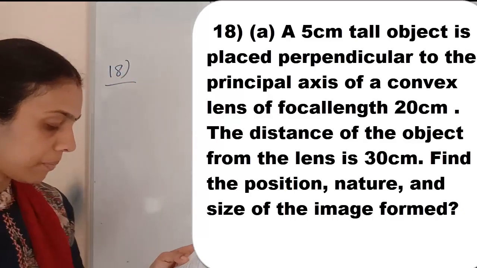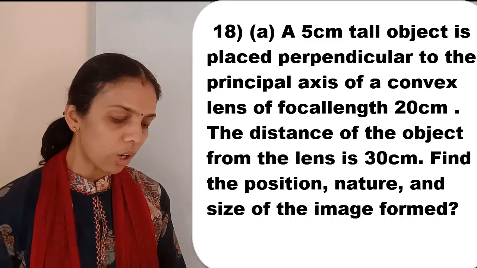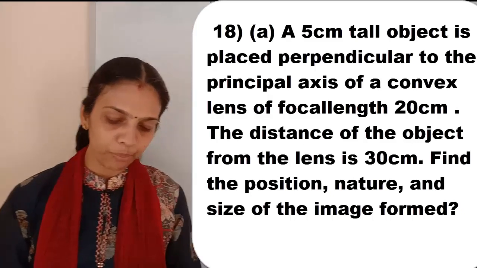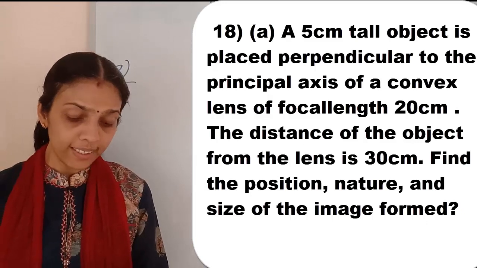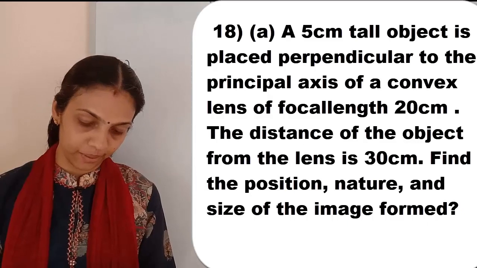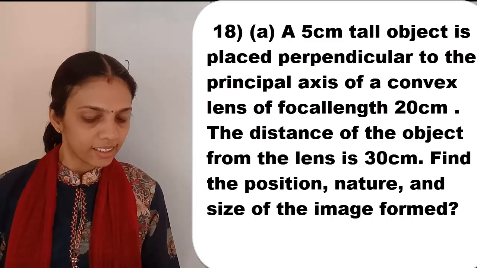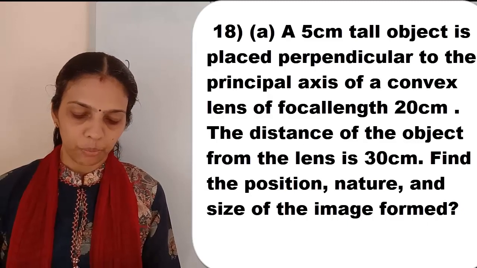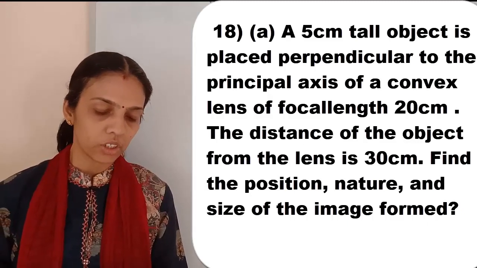physics part. Okay, so here a 5 centimeter tall object is placed perpendicular to the principal axis of a convex lens of focal length 20 centimeter. The distance of the object from the lens is 30 centimeter. Find the position, nature and size of the image formed.